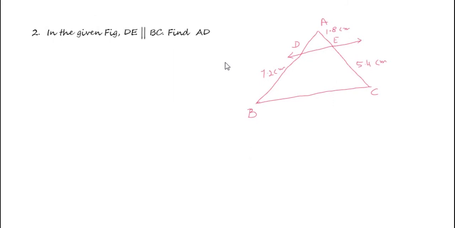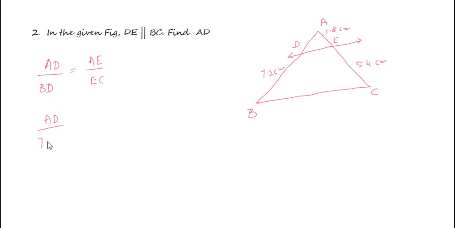In the given figure, DE is parallel to BC, find AD. Very simple problem. Since DE is parallel to BC, from Thales theorem we have AD divided by BD equals AE divided by EC. We have to find AD.